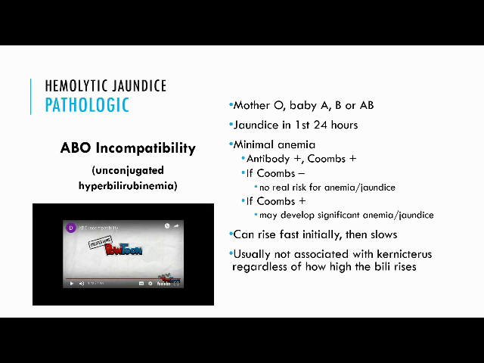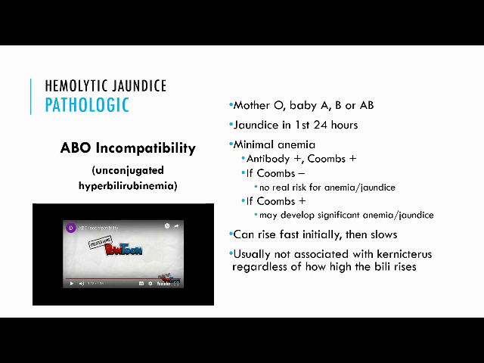And if the Coombs is positive, they may develop significant anemia or jaundice. This ABO incompatibility can cause a fast rise, and then it slows down. It's usually not associated with kernicterus or neonatal bilirubin encephalopathy, regardless of how high the bili rises.